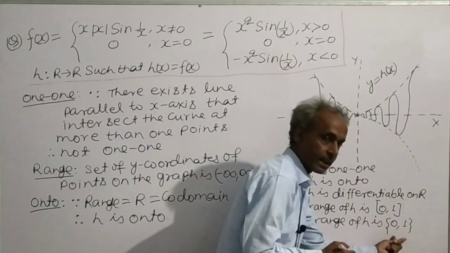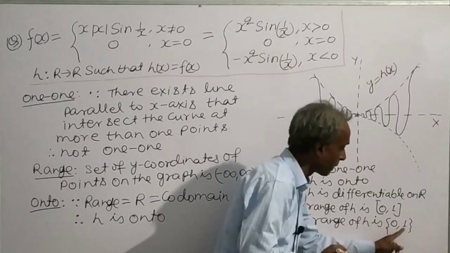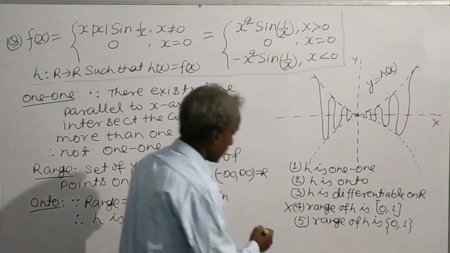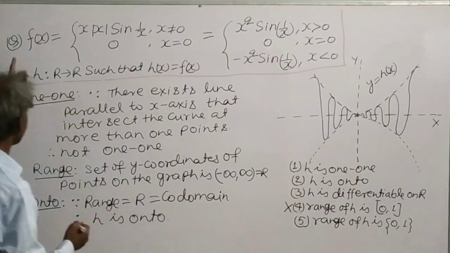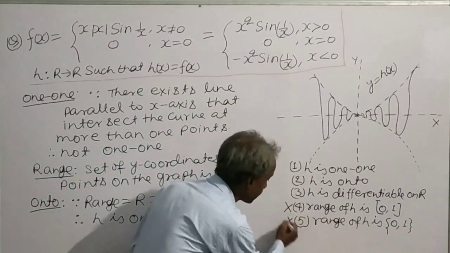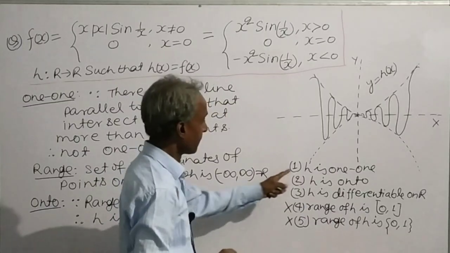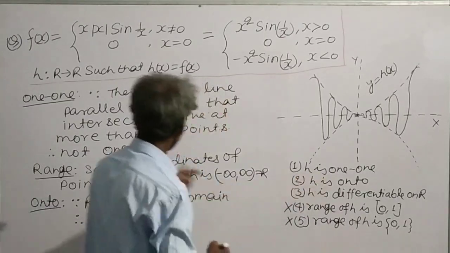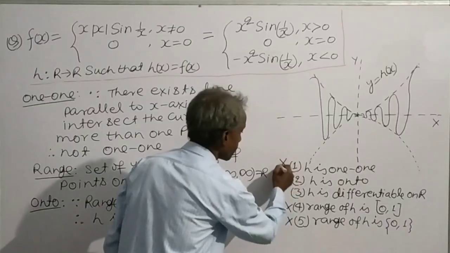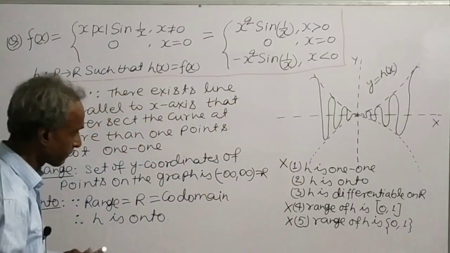This is a set containing only two numbers 0 and 1, not all real numbers. Therefore, this entry Q can also not be matched with this entry 5. This is not 1-1. Therefore, this cannot be matched with this one number.